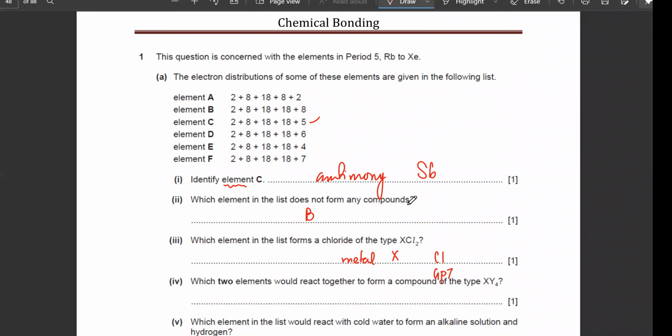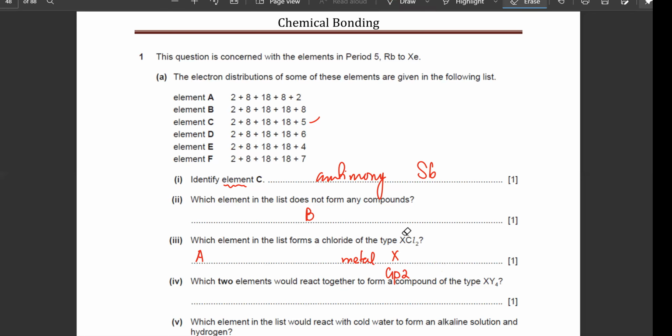And there are 2 Cls, so how many electrons are gained in total? 2. So X must be losing 2 electrons, so it must be in group 2. Is that clear? Yes, sir. So it could be element A if it's ionic. But what if it's covalent, right?